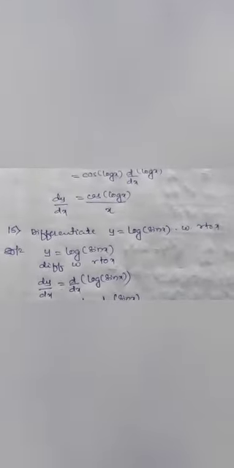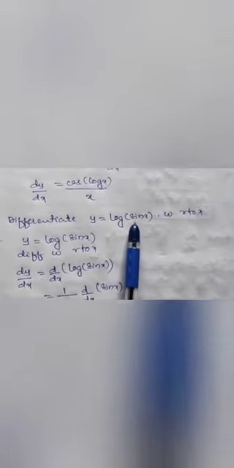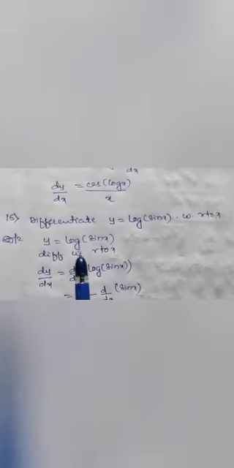And second one, differentiate y equal to log sin x with respect to x. Here in the x form sin x is there. Just to differentiate, we consider only this value is log x. Differentiate with respect to x means differentiation of log x is 1 by x.